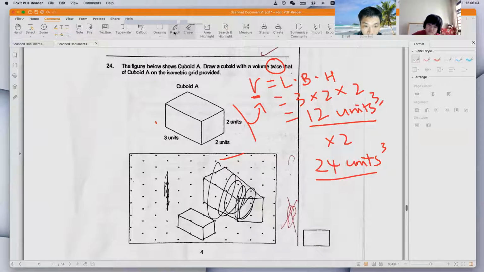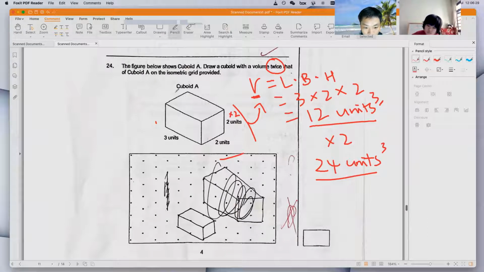you can either times 2 here, or times 2 here, or times 2 here. It really depends which one you want to times 2. I think it's easier if I times 2 for the height, easier for me to draw it.